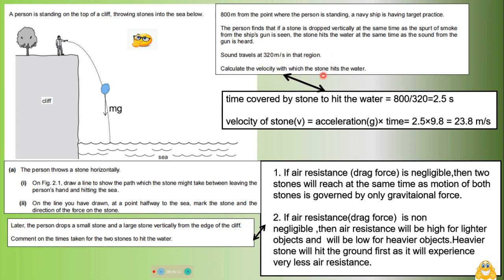Calculate the velocity with which the stone hits the water. So time taken by the stone to hit the water is equal to distance divided by speed. It is 2.5 seconds. And velocity of the stone is equal to acceleration g multiplied by time. So it is 23.8 meters per second. We can take 10 as the approximate value of g here also.